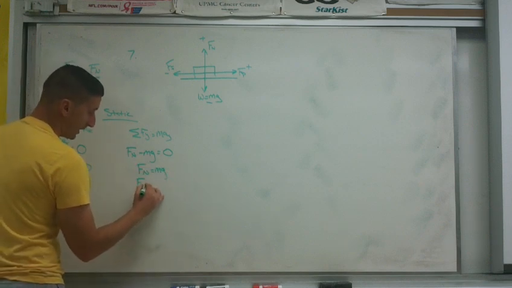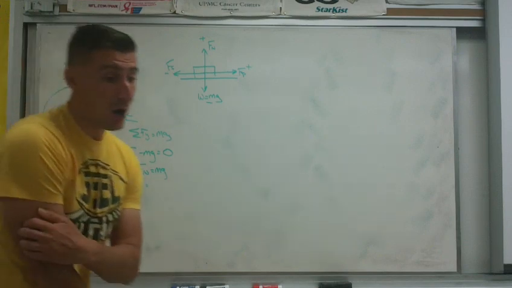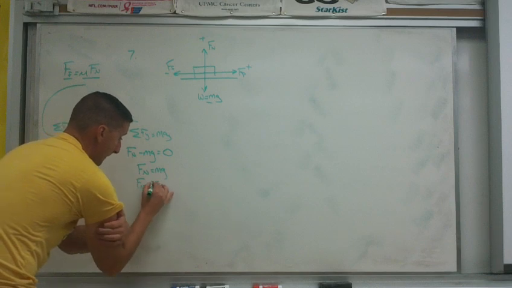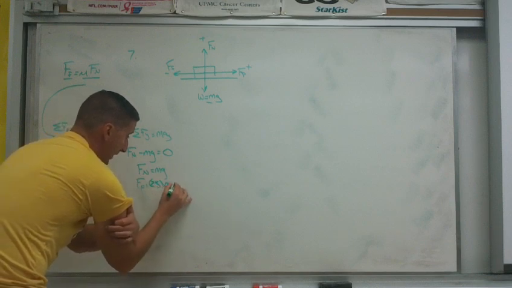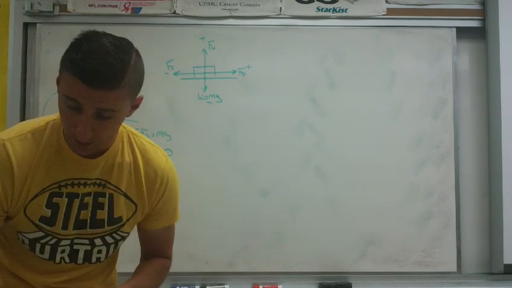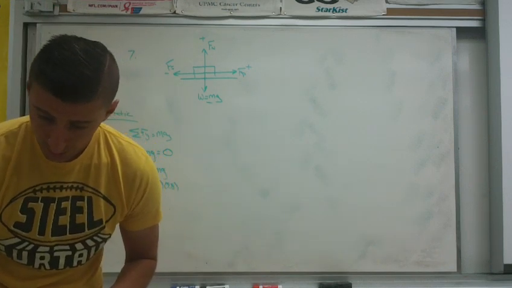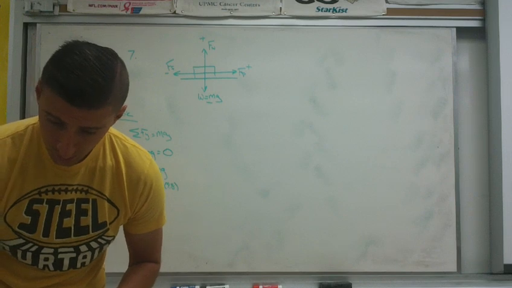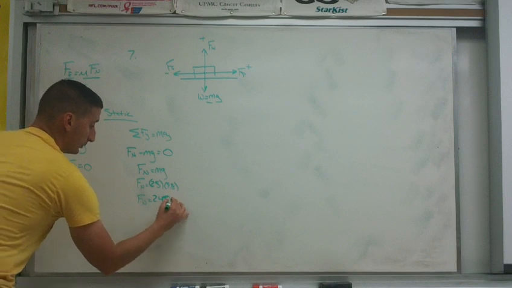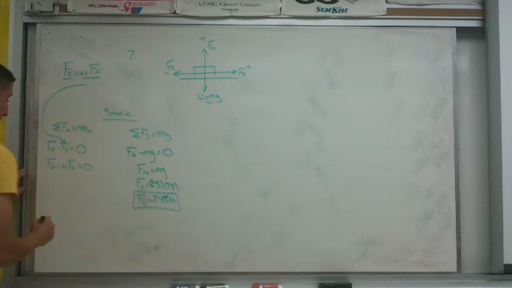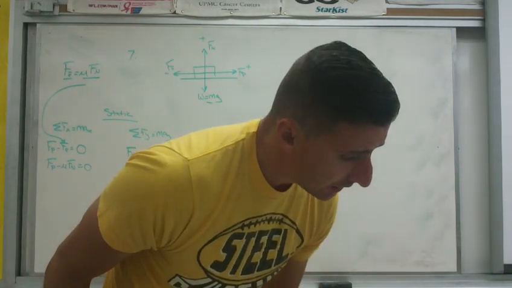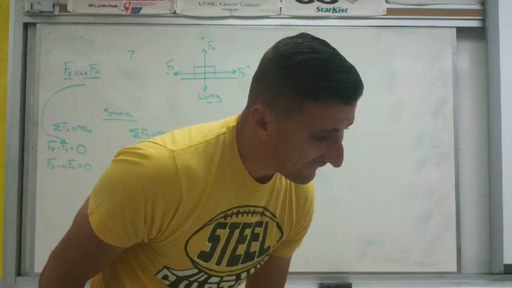Fn equals mg. The mass of this block is 25, g is 9.8. Fn equals 25 times 9.8, 245 newtons. So I can plug that in. The pushing force it requires is 75.